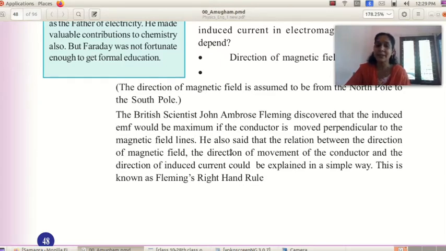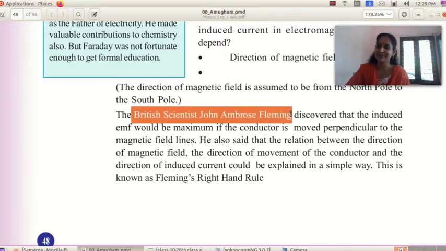This rule was discovered by the British scientist John Ambrose Fleming. Due to this famous scientist, we can easily find the direction of induced current in relation to the solenoid and magnet.